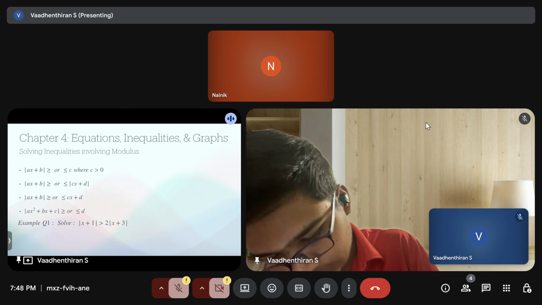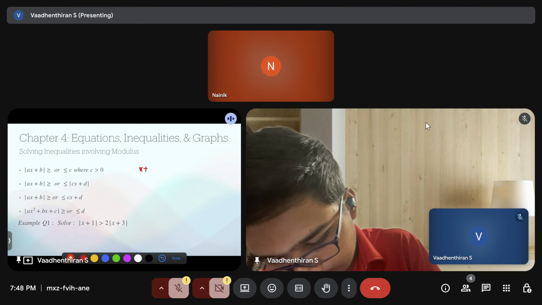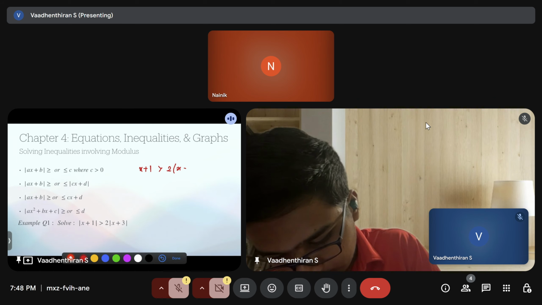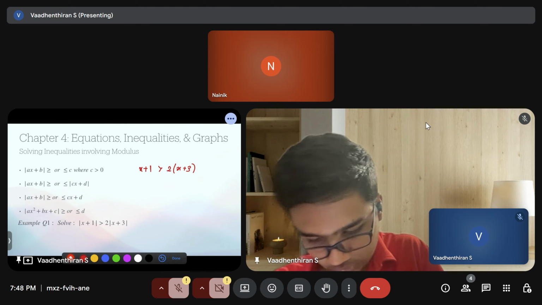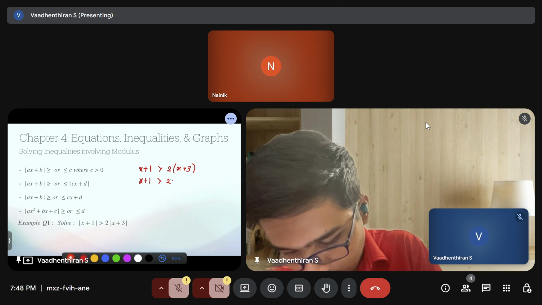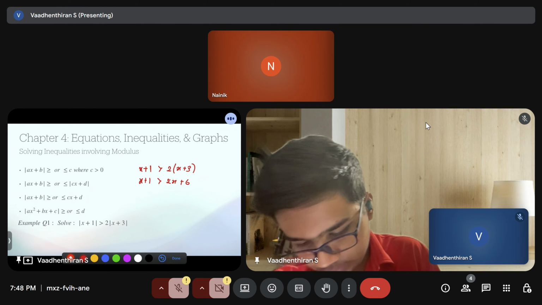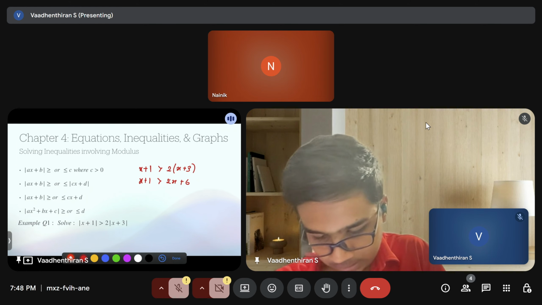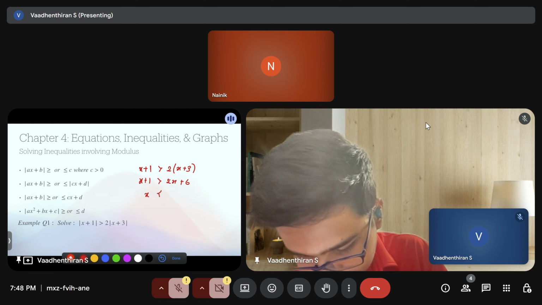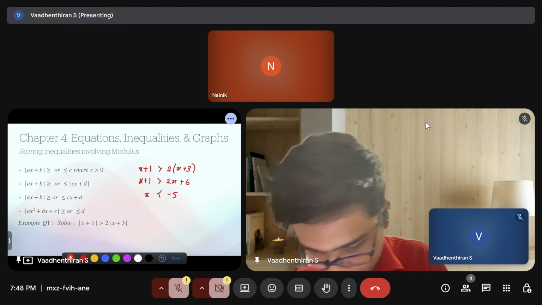Okay. So as we saw, first is x plus 1 greater than 2 times x plus 3. So you expand it, x plus 1 greater than 2x plus 6, and then you can convert this, so x is less than negative 5.